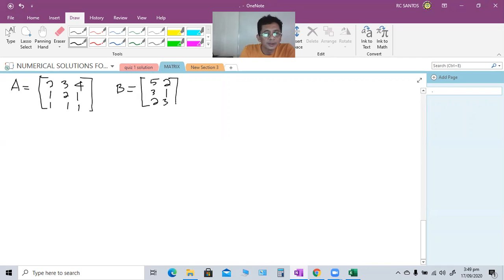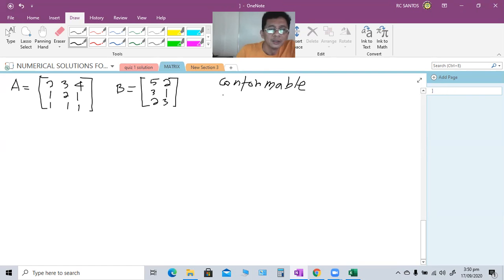so now ganito yan. There is a rule kasi. Before we multiply, the two matrices must be conformable. Okay? So dapat nagko-conform yung dalawa.